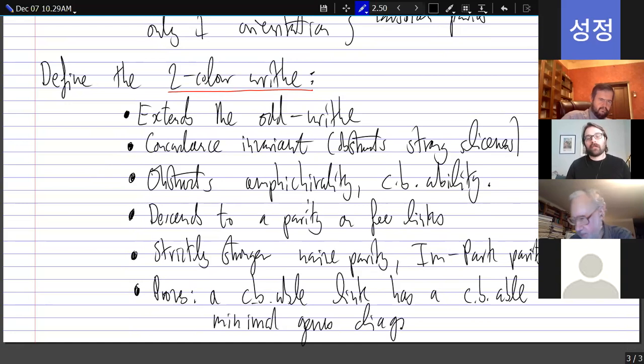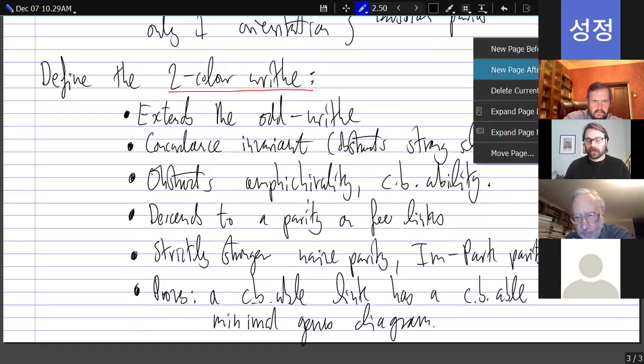And this is in line with what I was mentioning at the beginning, that one of the most useful things that parity allows you to do is it allows you to marry often disparate concepts in virtual knot theory and work simultaneously with them. And here, checkerboard colorability and minimal genus don't necessarily play very nicely. And this is an instance where this parity theory for links lets you prove that if your link is checkerboard colorable, then you can find a minimal genus diagram of it that is checkerboard colorable. And this is really useful for proofs of other things.